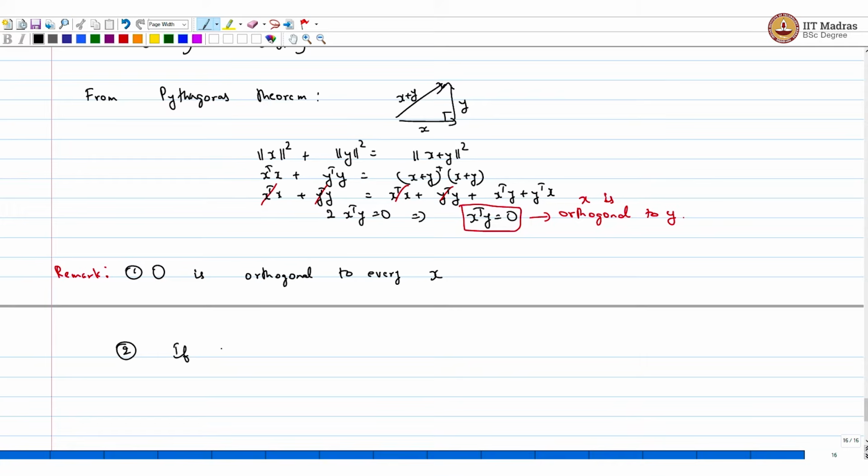The second one is: if the vectors v1 to vk are mutually orthogonal, then it's a linearly independent set.